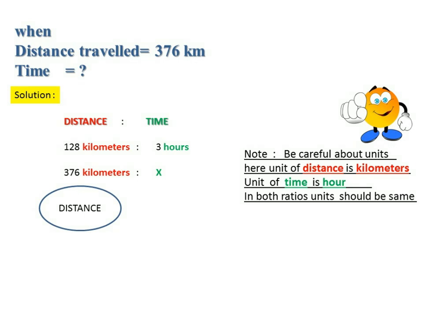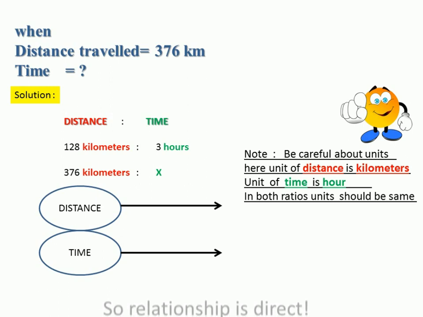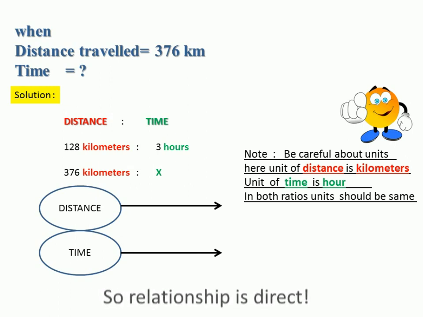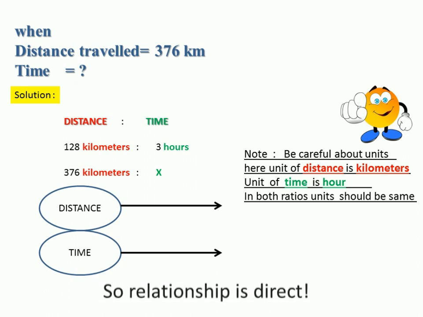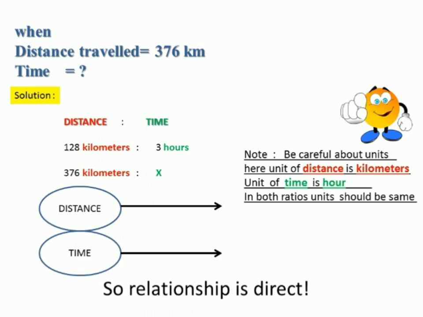We can easily observe that the relationship between distance and time when speed is fixed is direct. How can we say this? When a certain vehicle or a boat, as in this case, has traveled a longer way, of course, more time must have elapsed.